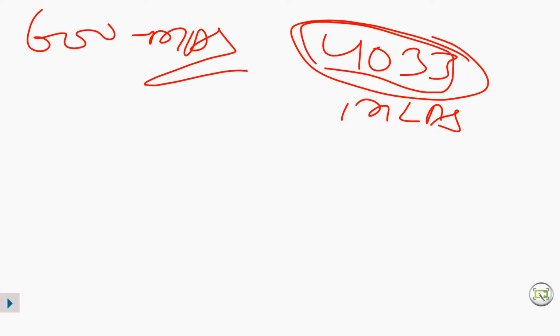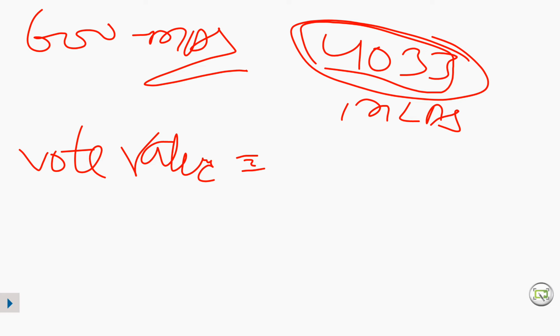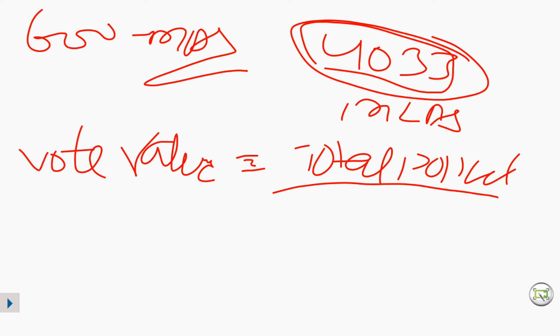No. So what is the meaning? They are called MLAs and MPs, the representatives of the people. So one vote of an MLA is equal to a value. What is the vote value of one MLA? We will find how much the vote value of one MLA is equal to: the total population of the state divided by the total MLAs of that state, into 1 by 1000.